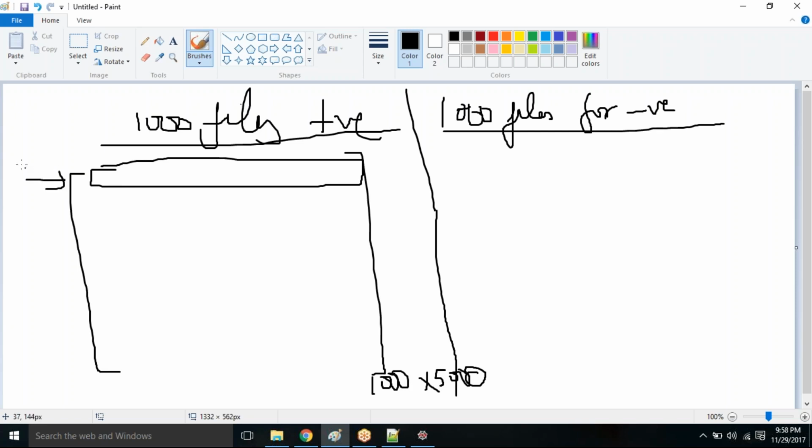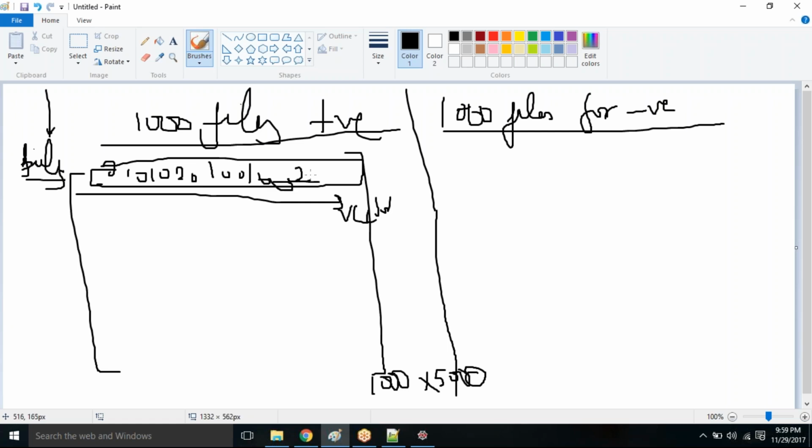For each review, for each file, I am taking a 5,000 vector size, where whatever words came in this file, say 400 words, those words will get some value, 1 or whatever, and the rest will all be 0.